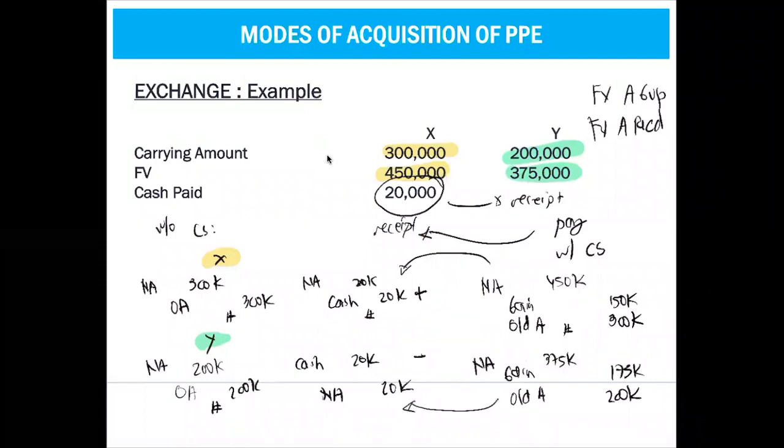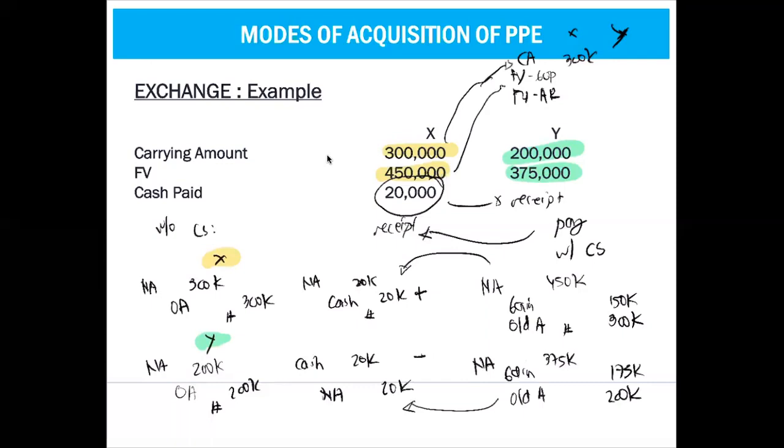So guys, how do we really interpret these types of problems? So if ever we have here X and we have here Y, we have here your carrying amount, and then we have your fair value of asset given up, fair value of asset received. Okay, so for X, what is the carrying amount? Carrying amount of X is 300,000.